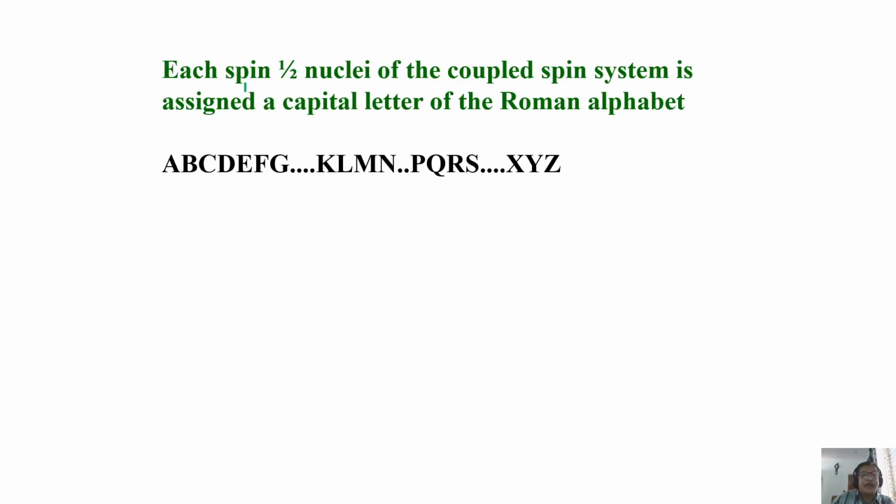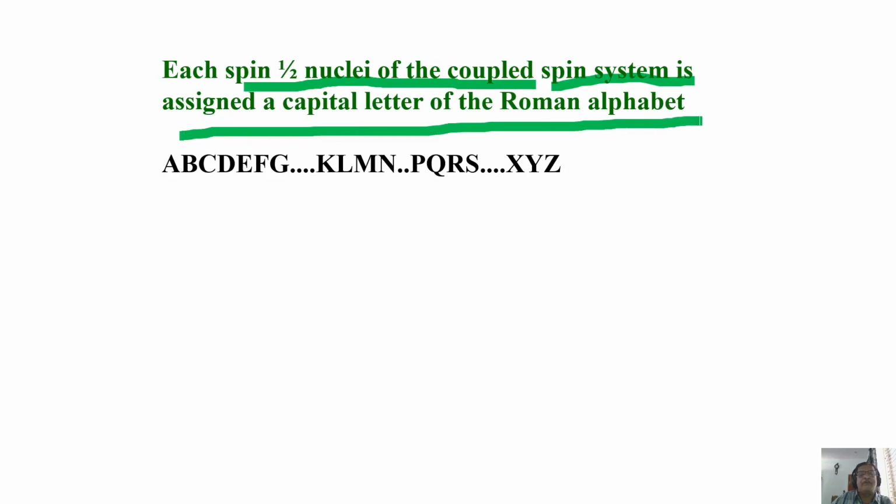In a coupled spin system, each nuclear spin is assigned a capital letter of the Roman alphabet. What is the meaning of that? We take letters A, B, C, D, up to Z you can go, no problem. Each spin of nuclei is assigned a letter. So how do you assign it?